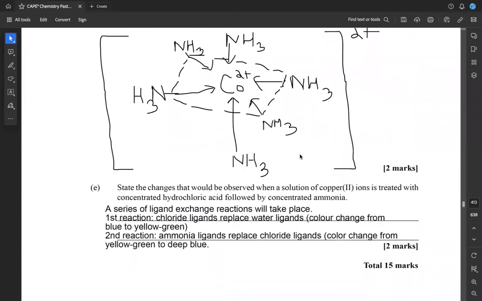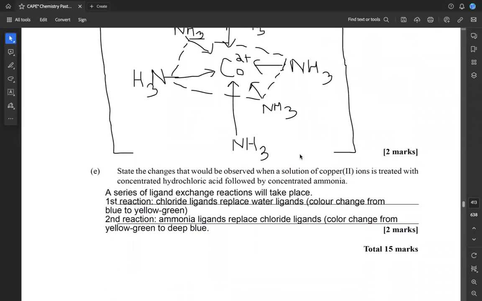All right, so moving right along for part E and final part of this question, they're asking us to state the changes that would be observed when a solution of copper-2 ions is treated with concentrated HCl followed by concentrated ammonia. So again, they're setting us up for a ligand exchange reaction, right? So in my answer here, I wrote a series of ligand exchange reactions will take place, right?